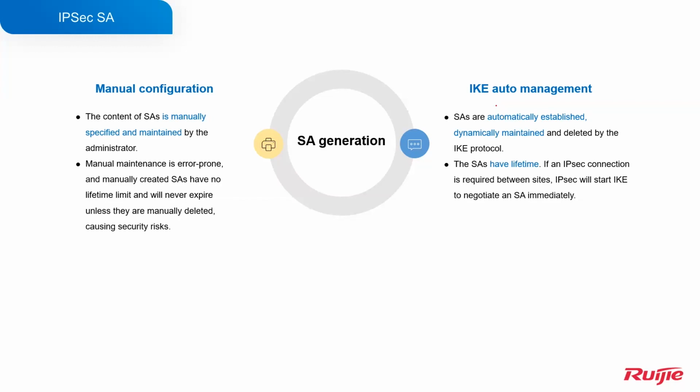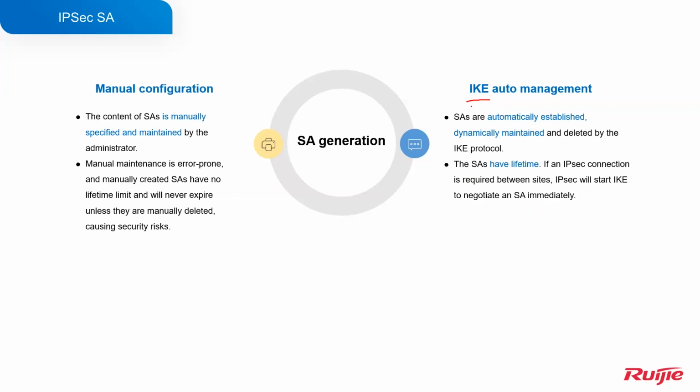But pay attention, the key negotiated by IKE is finally used by the IPSec SA to protect our user message, not directly used for the user message. So this one is very important.